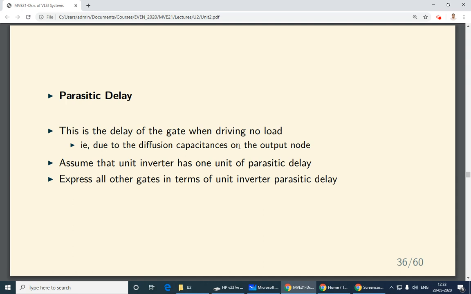It is a ratio of two capacitances, and instead of input capacitance which we do for logical effort, here we just have to calculate what is the delay of the gate when it is driving no load, meaning if you just add all the diffusion capacitances at the output node, what is the total capacitance? That is the numerator, and denominator is nothing but the equivalent inverter's diffusion capacitance. Ratio of those two is the parasitic delay.